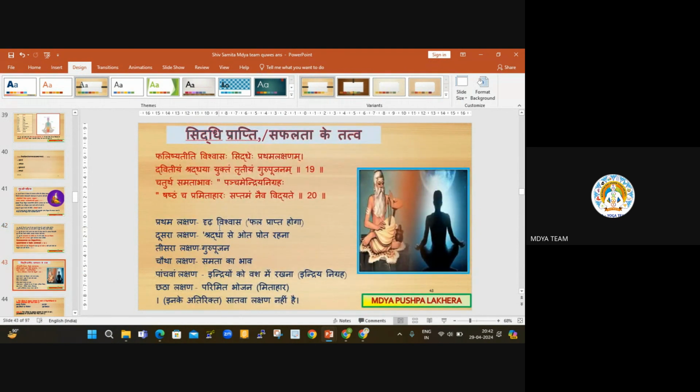So after discussing the importance of the guru, next Lord Shiva tells a little bit about the adhikari. One sloka, one verse is mentioned there: the person who has control over himself attains success through faith, and there is no other way to get success.